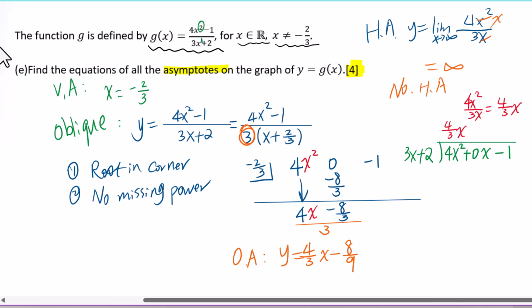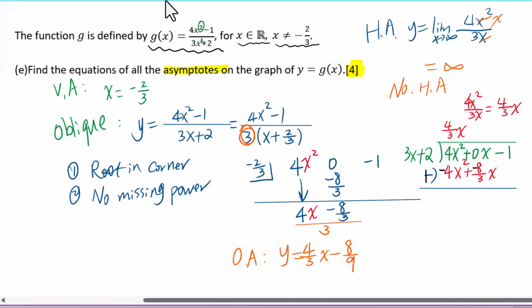Then do the multiplication. 2 times 4 over 3x is 8 over 3x. 3x times 4 over 3x is 4x squared. Then we need to do the subtraction. Change the sign. Positive, negative, negative.